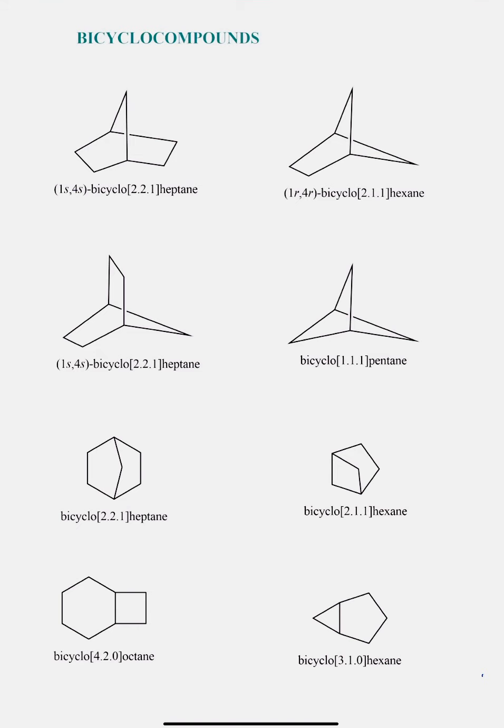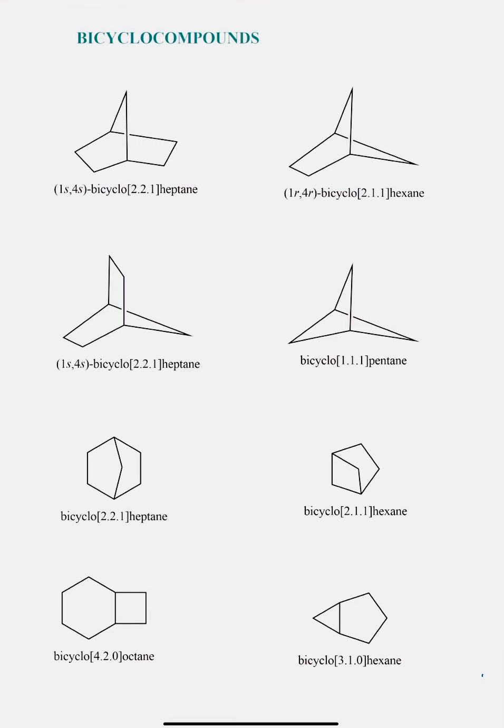Before giving the names to these bicyclic compounds, the first thing you will need to do is to find the bridgehead carbons. If you look at all these structures, there are 2 special carbons in all the structures given. The speciality of those carbons is that those carbons are bonded to 3 other carbons. Those carbons are called bridgehead carbons.